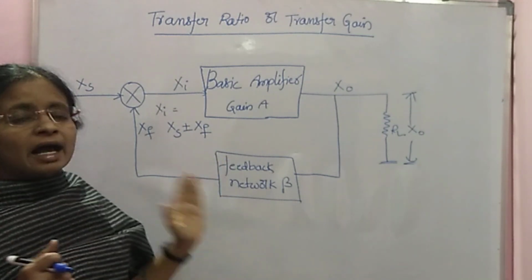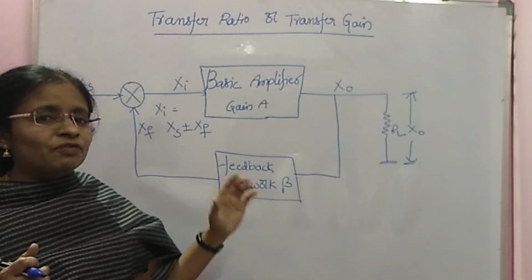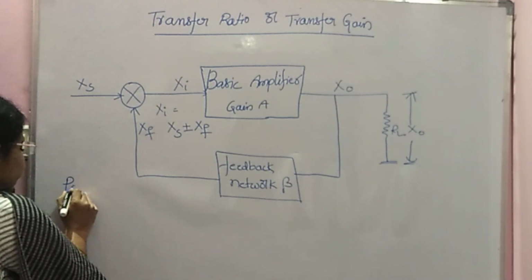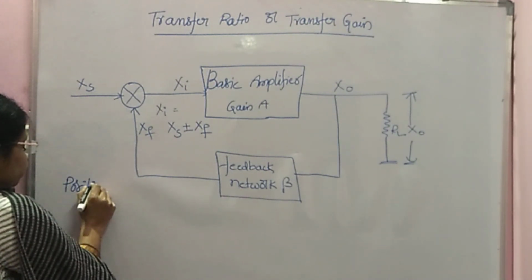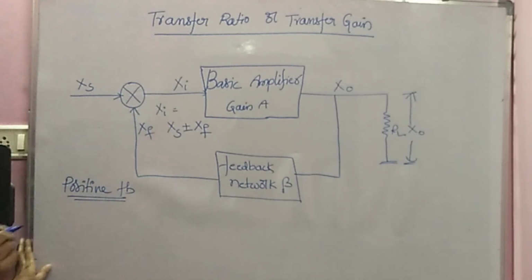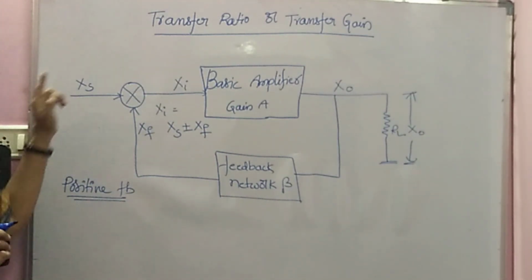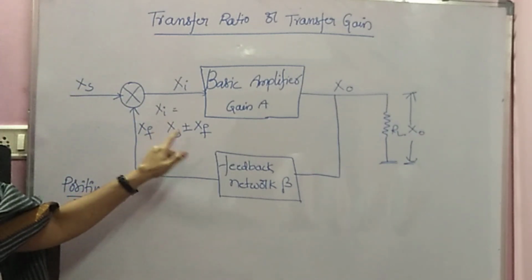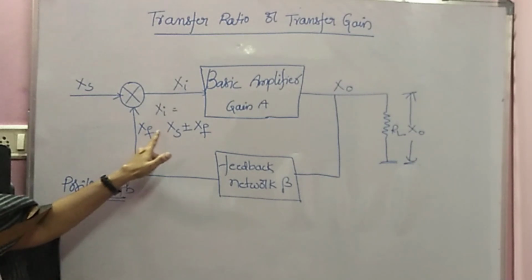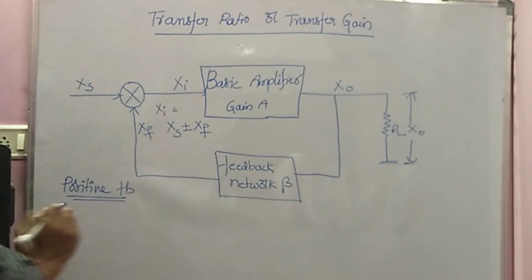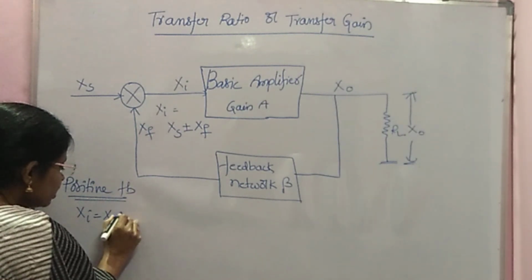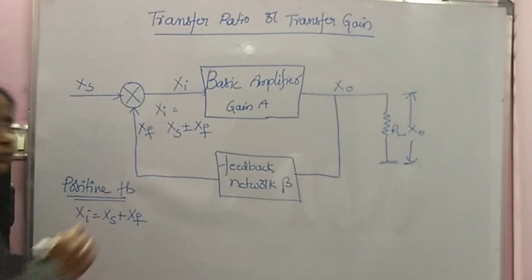So now we'll start with the transfer gain for positive feedback. For positive feedback, Xs and Xf are in same phase. What about your Xi? Xi is equal to Xs plus Xf.